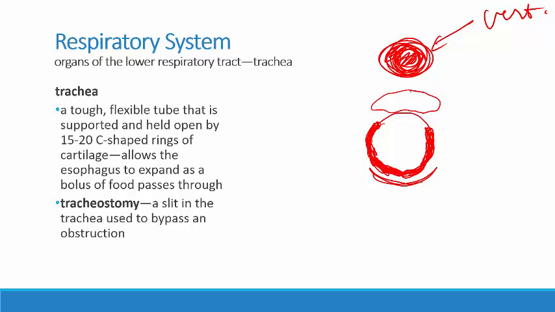It doesn't completely enclose the trachea, and this is very adaptive because when we swallow food, here's the cartilage ring.